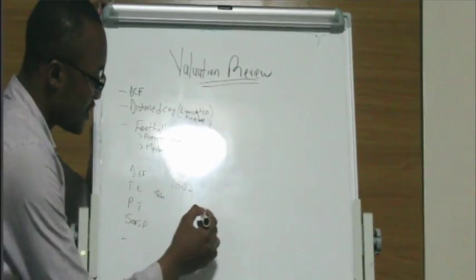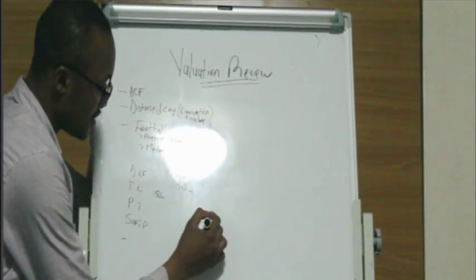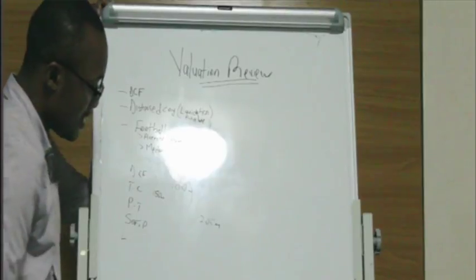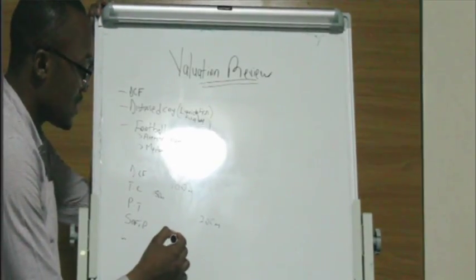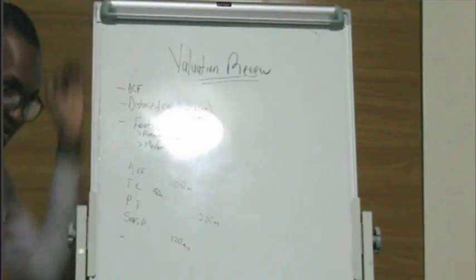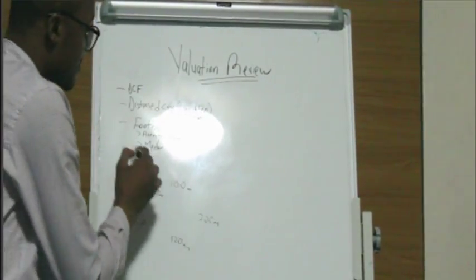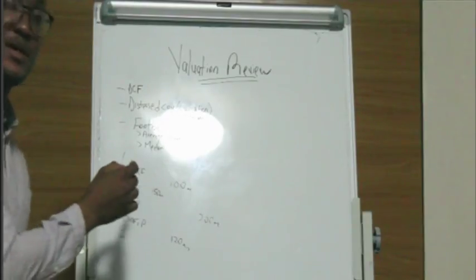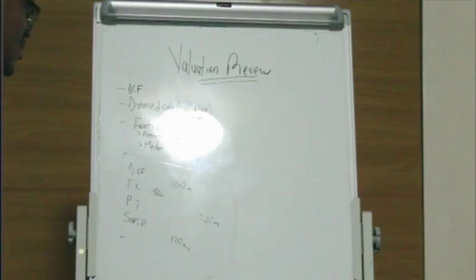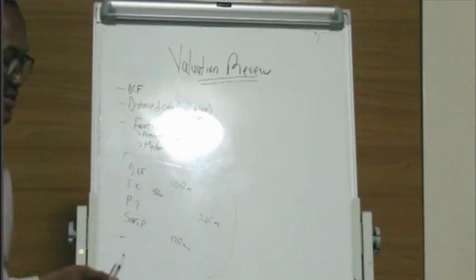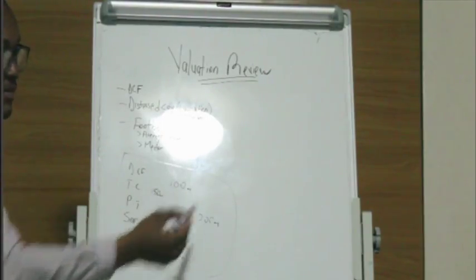Precedent transaction values it at 200 million. And then sum of the parts values it at, say, 120. So this diagram is a very basic version of what a football field is. The different valuation methodologies, and then it spreads it out.